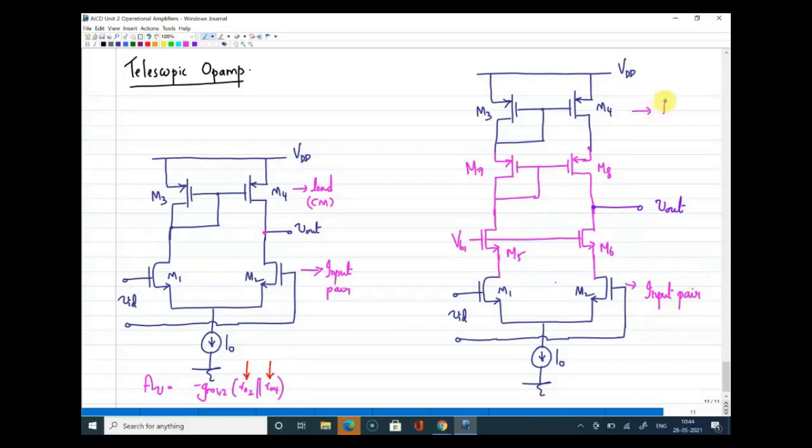M3 and M4 are the initial or actual load. Now M5 and M6 are the cascode for the input pair, and M7 and M8 are the cascode for the current mirror load.